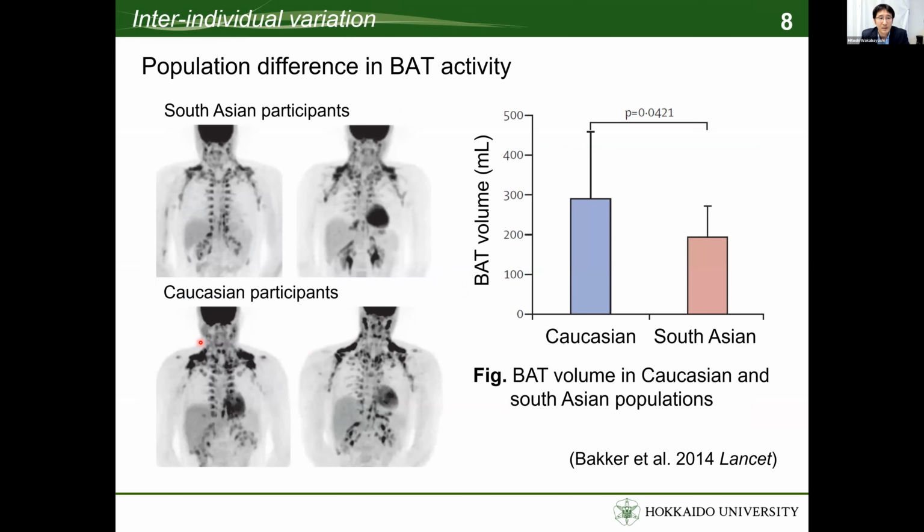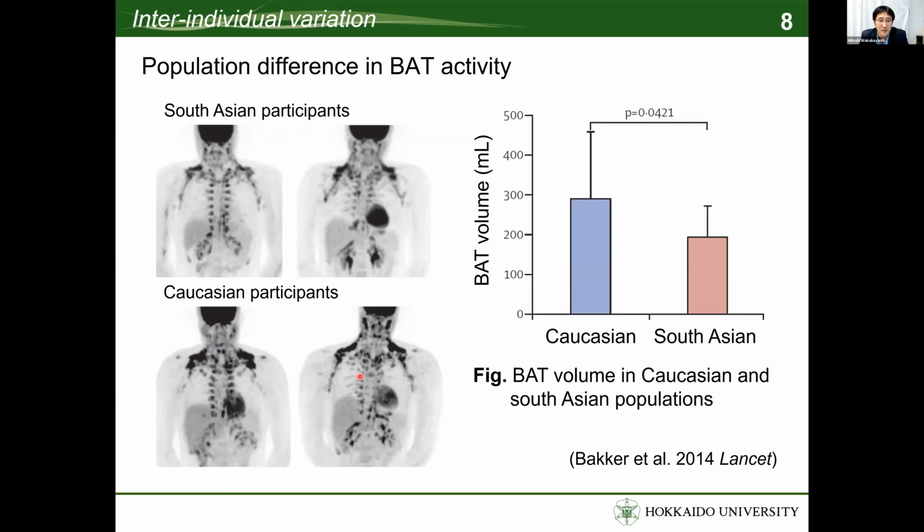Okay, let me talk about the inter-individual variation in brown adipose tissue activity. Bakker and colleagues compared the brown adipose tissue activity in South Asian participants and Caucasian participants.